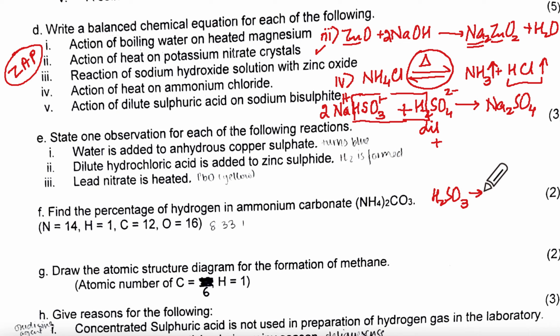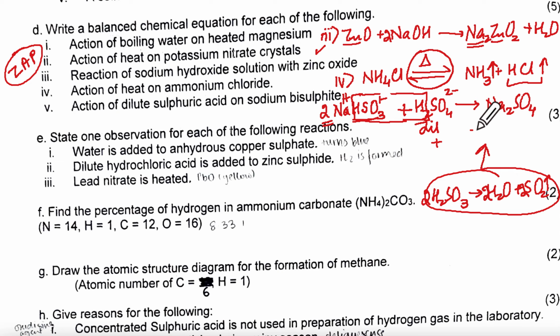This is your thinking step, which is an unstable acid, so it becomes H2O plus SO2 up arrow. But there are two H's and two HSO3s, so I will have two H2SO3 giving 2H2O plus 2SO2 up arrow. You with me? So we understood up to here.